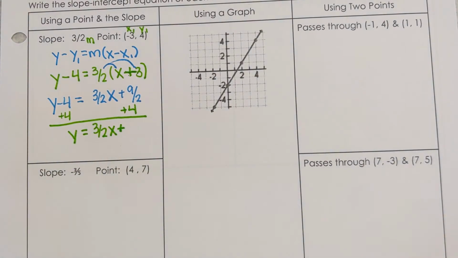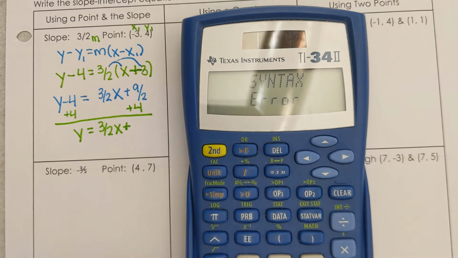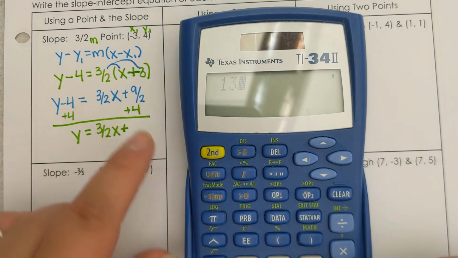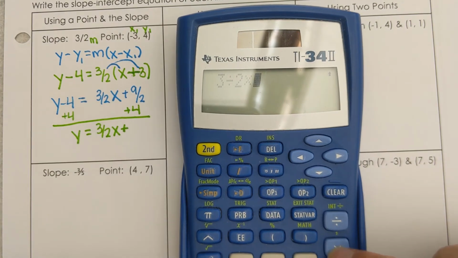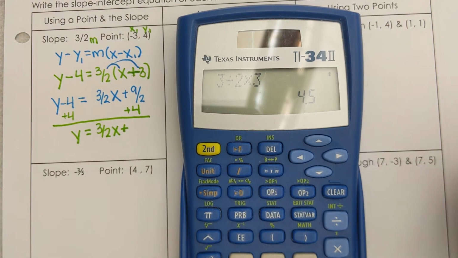And then I'm actually going to show you this one in a calculator because I know some of us are struggling with that. So if instead of writing 9/2, what you want to do is 3 divided by 2 times 3. Okay, and I have kind of an old calculator, so it looks a little funky on here. And that's actually 4.5.